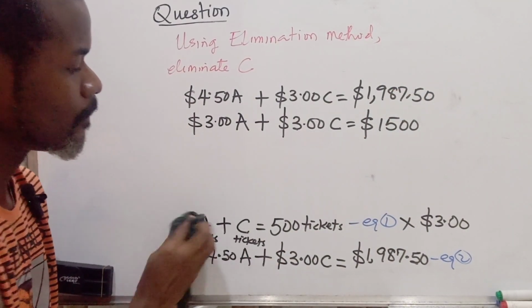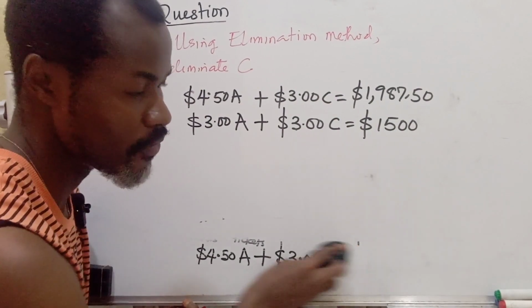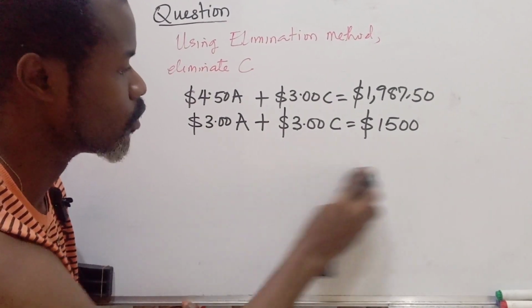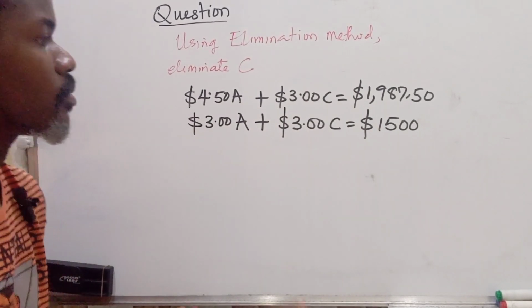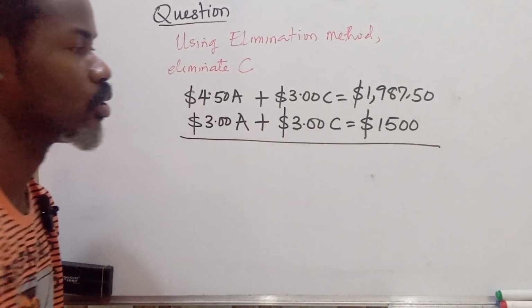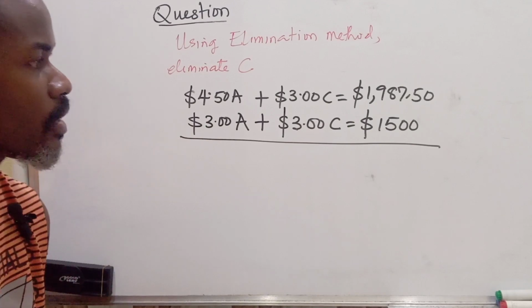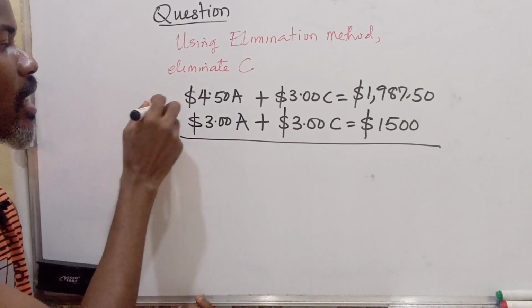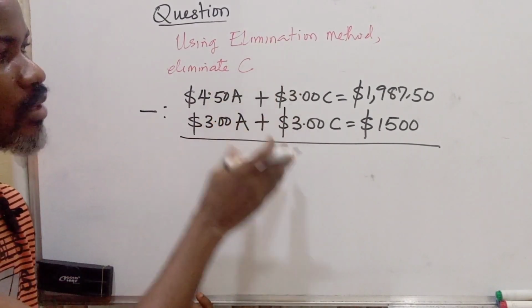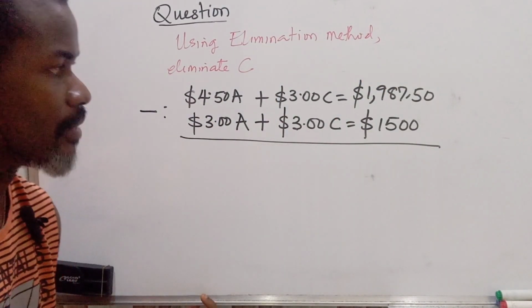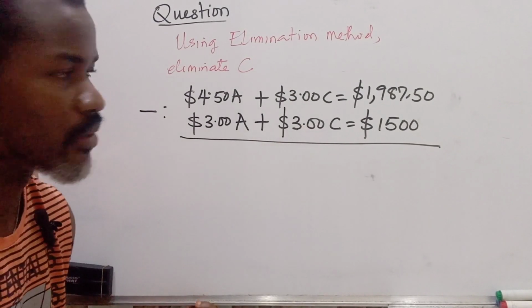All right, so since we have made the coefficients of children equal, we can now easily solve for A. So how do we solve for A? Using the elimination method. I'm going to subtract both equations. If I subtract this equation, I'm going to see that this will become 0.